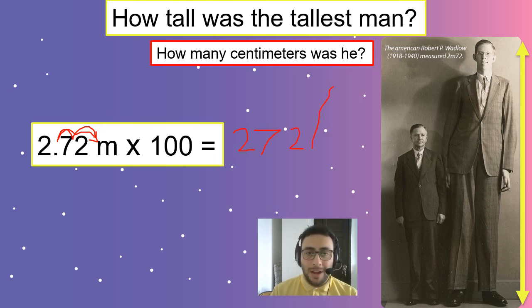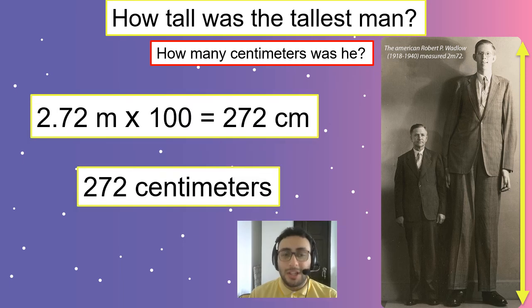The point, bye-bye, it's gone, because there is no digit for it. So it is 272. The tallest man in the world was 272 centimeters. That is so tall.